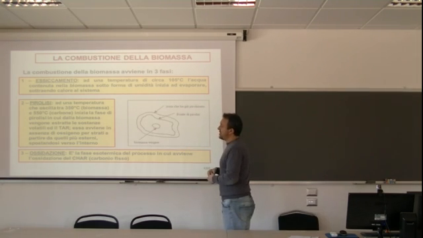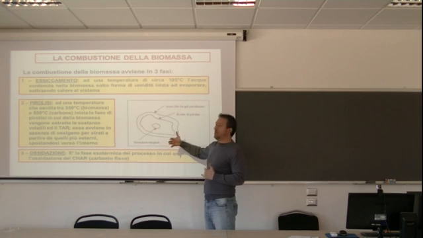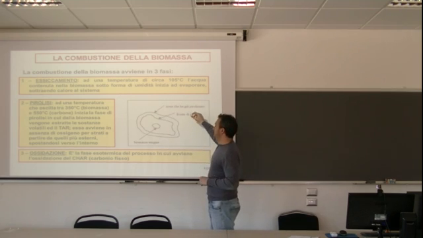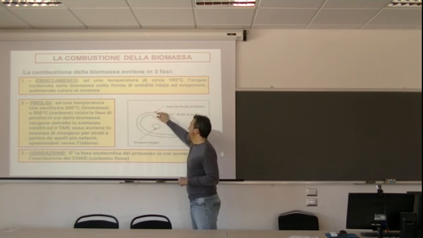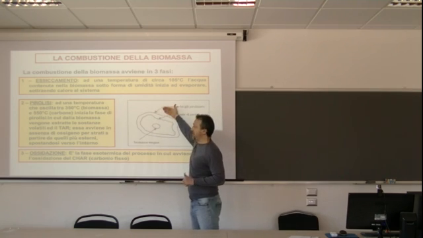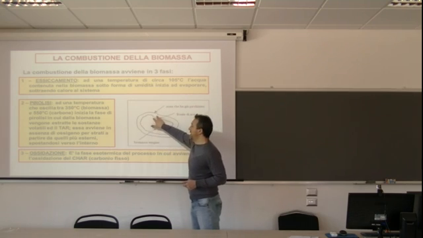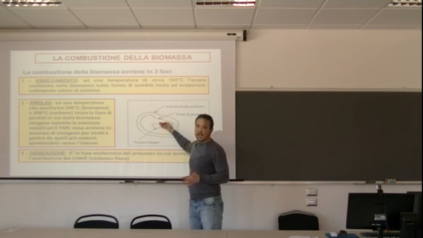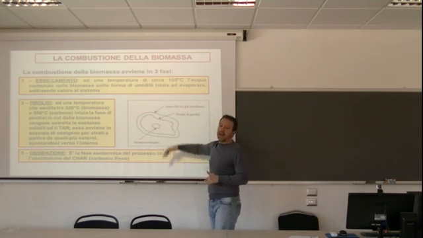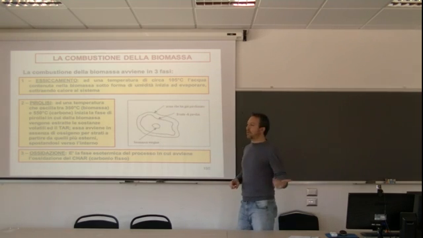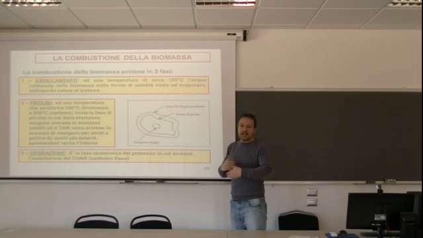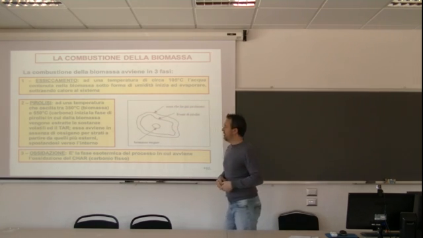So we have this process, and of course the oxidation process, which starts in the external part where you have oxygen to complete the reaction, and then reaches also the internal part where you still have char, tar, and also some gas that wasn't able to exit from the biomass.